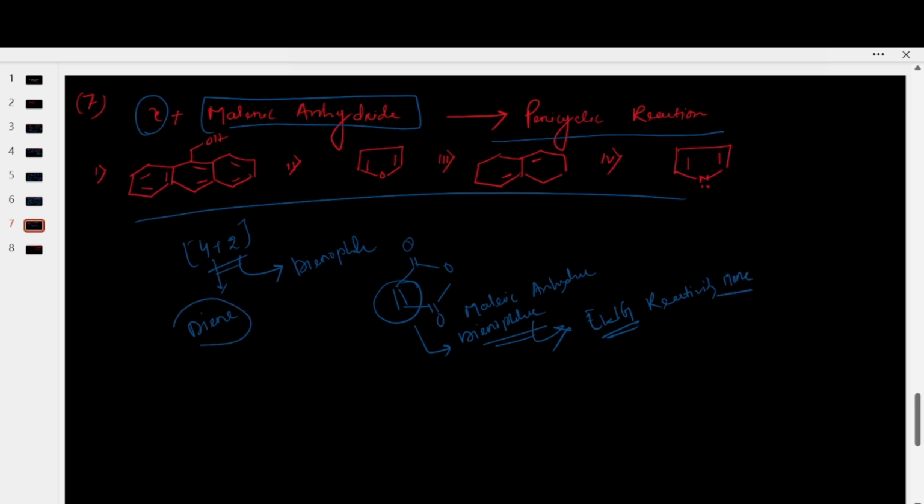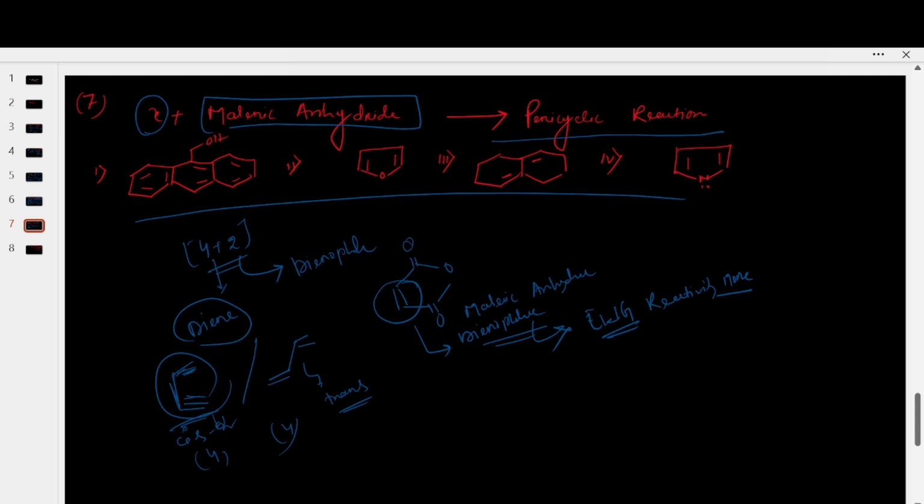What about the diene? A diene must be a source of 4 electrons, so it should contain 2 double bonds. This is called cis butadiene and this is called trans butadiene. Both contain 4 electrons, but only the cis conformation takes part in your Diels-Alder reaction.